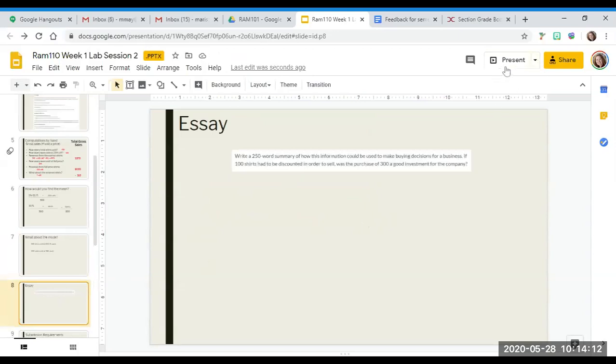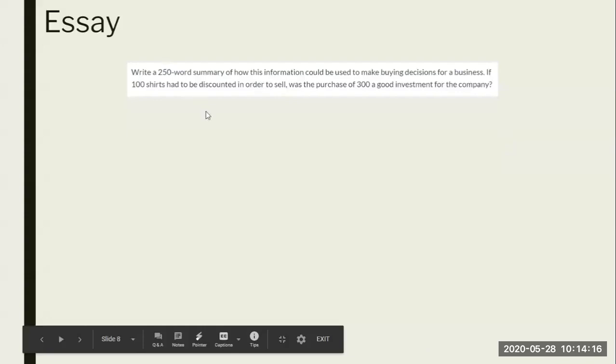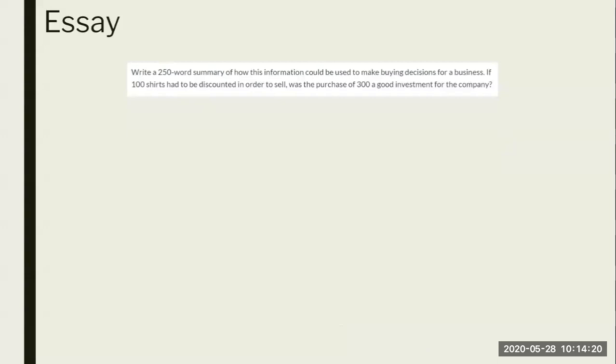All right, now let's go ahead and look at the last piece of information then. We've got our essay. You're going to write a 200-word summary on how this information could be used to make buying decisions for the company. And then determine if the 100 shirts had to be discounted or put on sale, was the purchase of 300 shirts a good investment for the company?